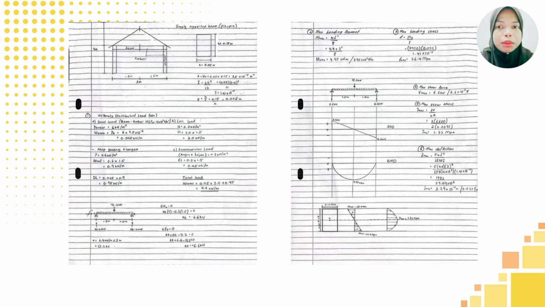Then the maximum bending moment occurred at midspan with a value of 4.95 kilonewton meter, while the maximum shear force at the support was 6.6 kilonewton, and then the corresponding maximum bending stress and shear stress were 26.4 megapascal and 1.32 megapascal respectively, and the maximum deflection was calculated as 3.29 occurring at midspan.